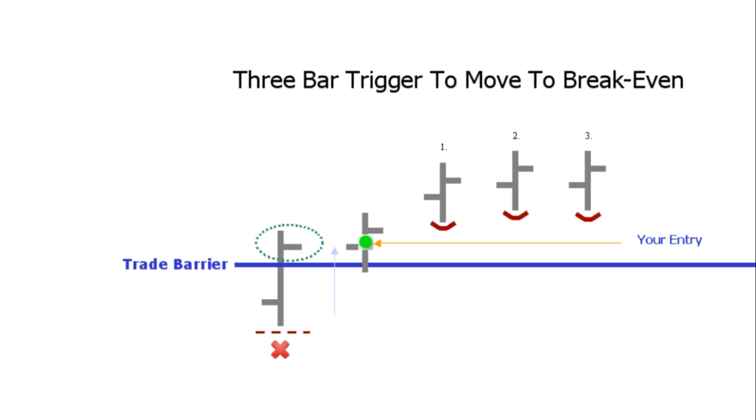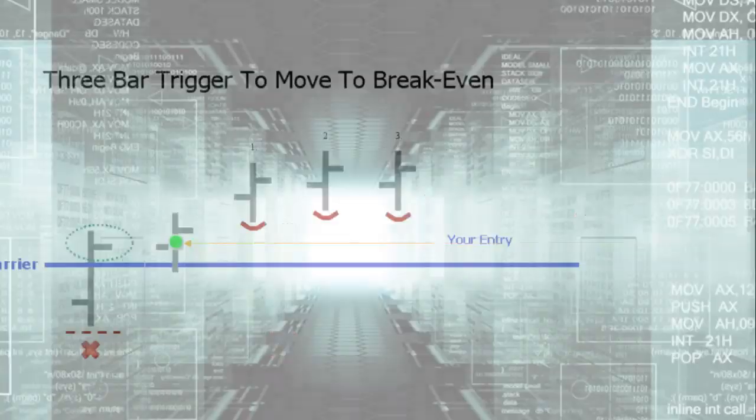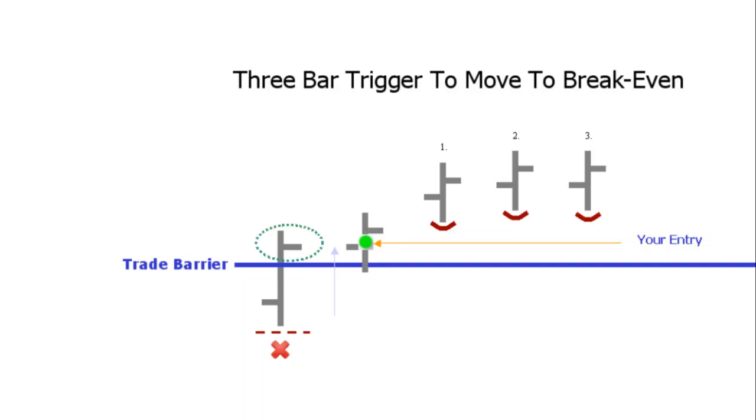The break even move helps reduce the ratio of the full stop outs. So keep that in mind, that's the third scenario, and it has an effect on the overall odds of the trading. If you see the 3 higher lows and we're in kind of a crappy market, get that stop to break even.